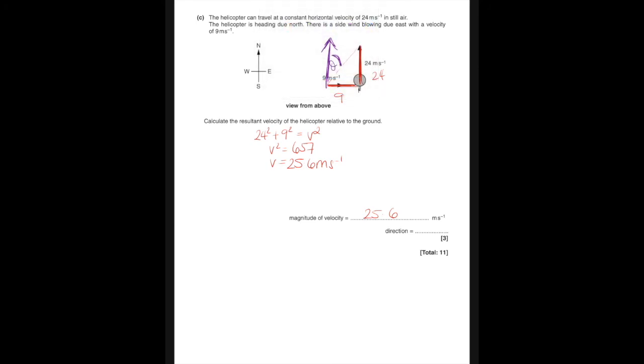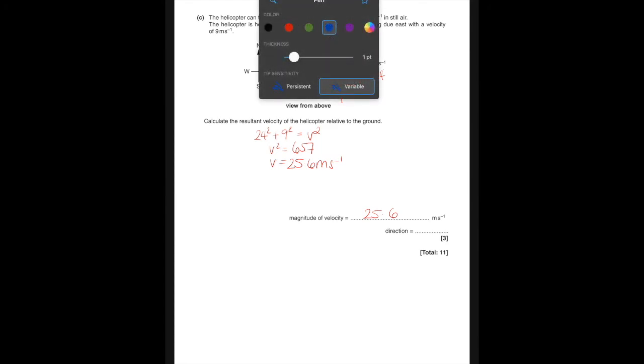Let's think this through. We can rework this, because that edge there would still be 24 and that one there would be 9. In working out that angle, that is how I would recommend you do it, but remember, as long as you show the angle, then you will be absolutely fine.